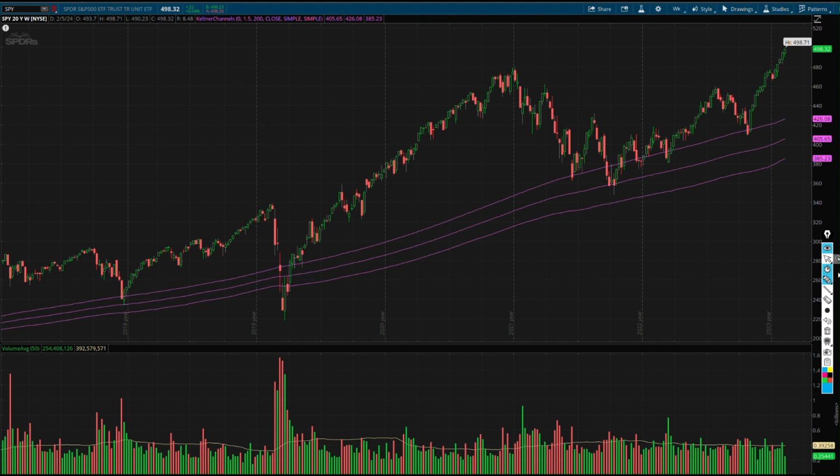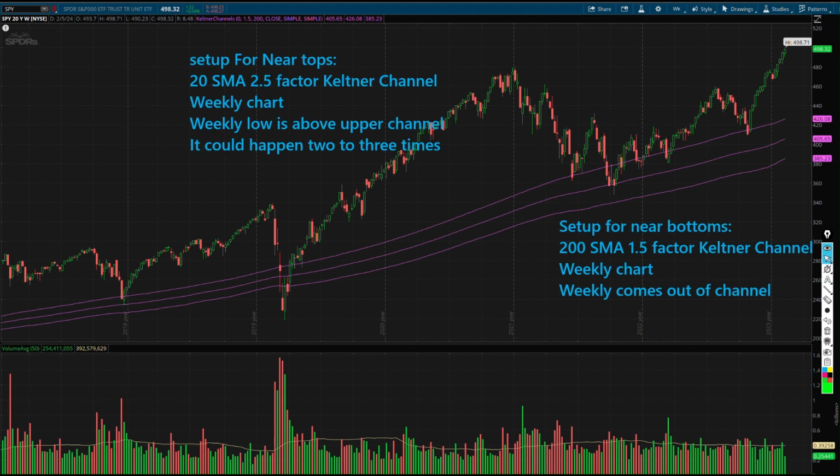So let's recap. To find the setups for near tops, use the 20 SMA 2.5 factor Keltner channel on the weekly chart. The weekly low is above the upper channel.